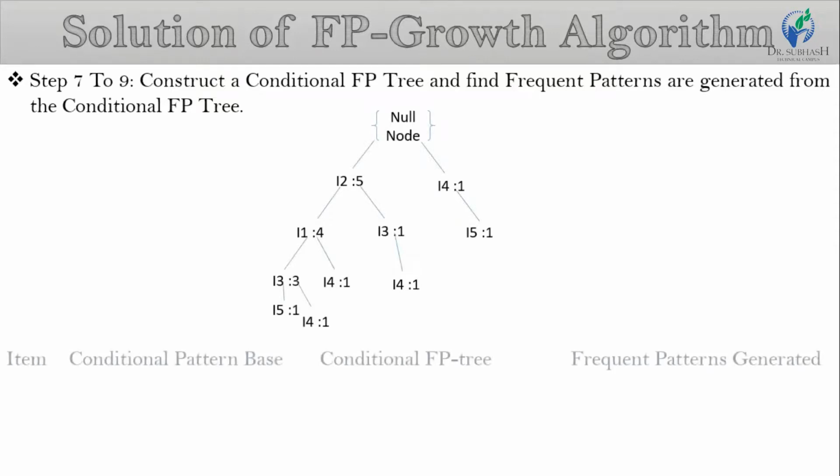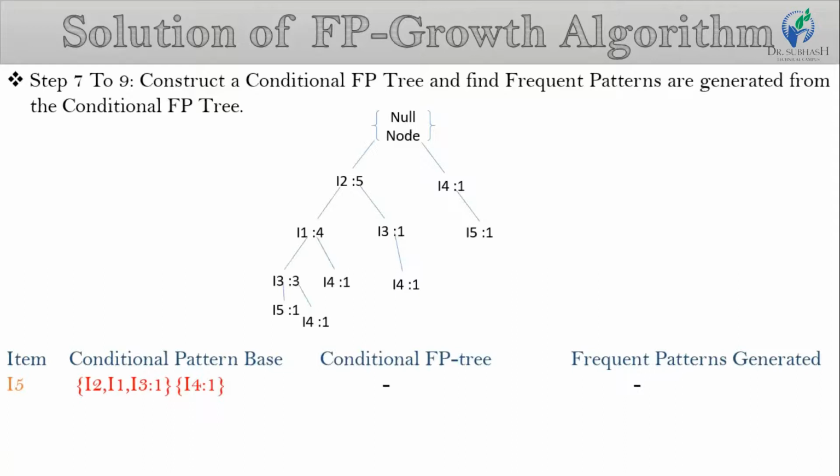Now see the lowest node item I5. I5 occurs in two branches. First is I2, I1, I3 and I5. Second is I4 and I5. Here the count of I5 is 1.